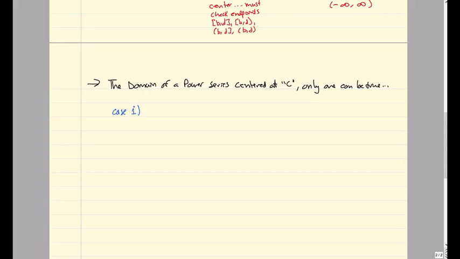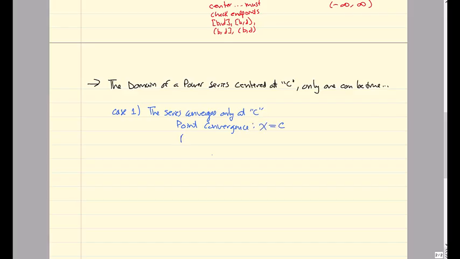For case 1, the series converges only at C, and that's the picture that we drew up above. If that's the case, then I have what is called a point convergence, and that's at x equals c.